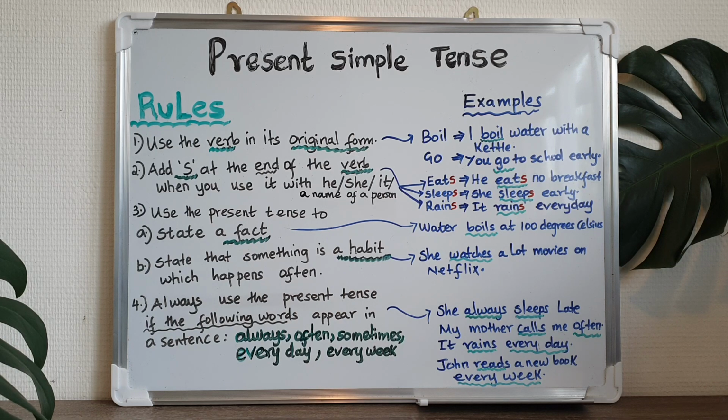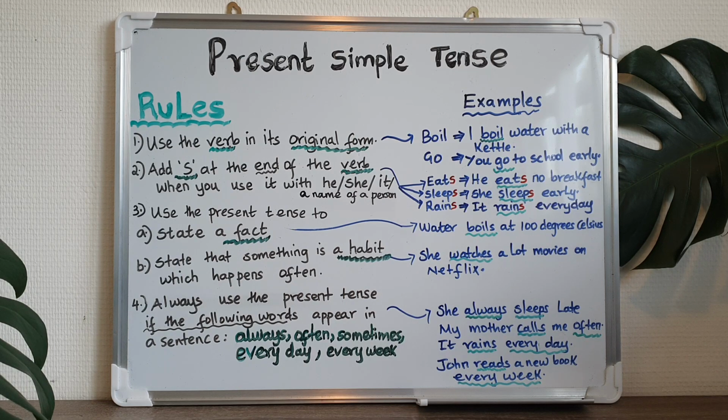We have not added ing. The verb is still in its original form. And the example is, I boil water with a kettle. So the verb boil has not changed from its original form.